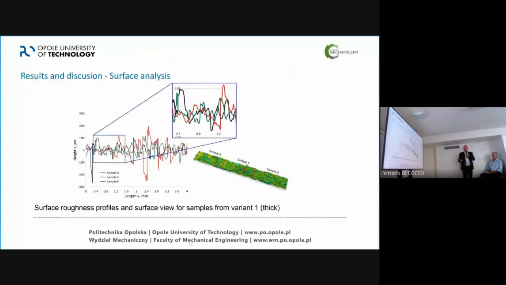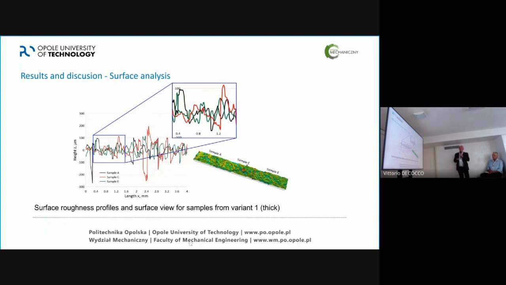And this is basic, and at the end, we put also other analysis. It was made by Krzysztof Żak. He is not with us, but here are the results of the surface analysis.